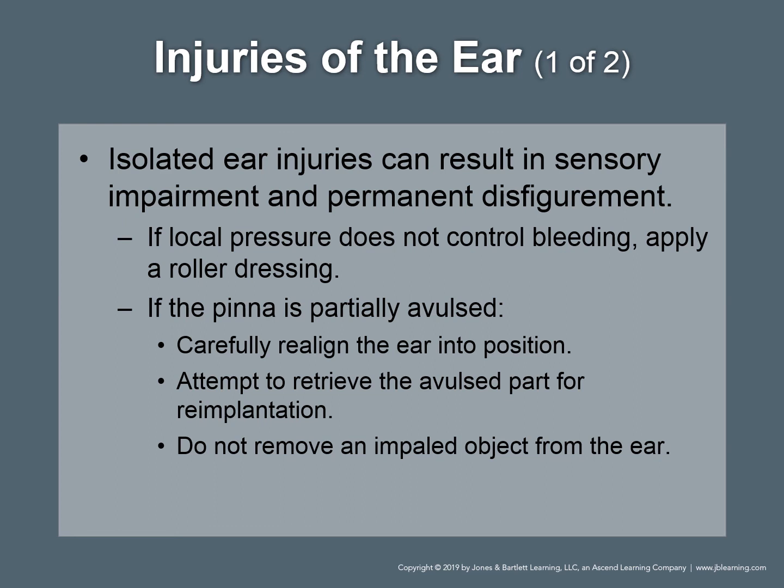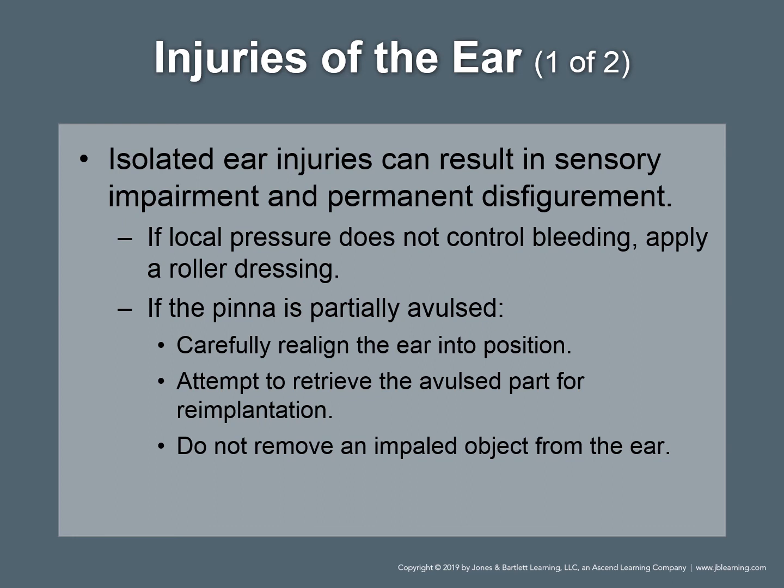Now, externally, the external ear is exposed to quite a bit of trauma. We've seen people cut people's ears off, avulsions, ears get caught, earrings get caught and get ripped out. Apply pressure. If that does not control the bleeding, apply a roller bandage. Do a real good pressure bandage, because we can't put a tourniquet around the neck.